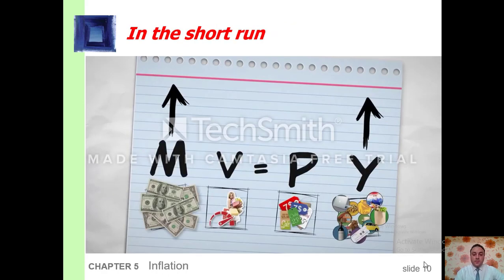In the short run, I know we are talking about the long run now, but let's see this. In the short run, when the money supply increases, the government or the central bank may increase the money supply in some cases, because in the short run it may be effective since it increases the output.